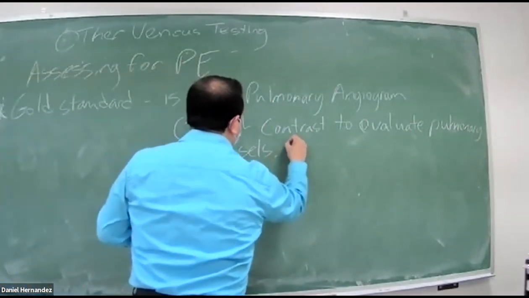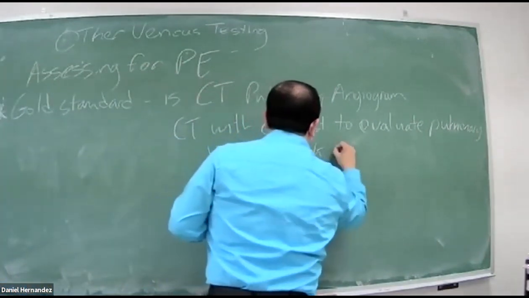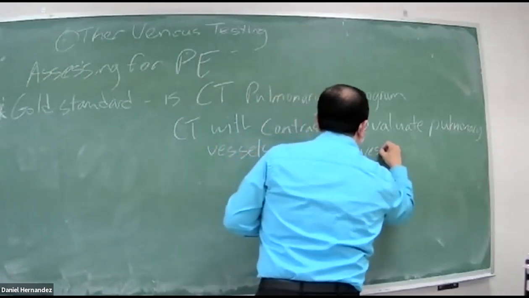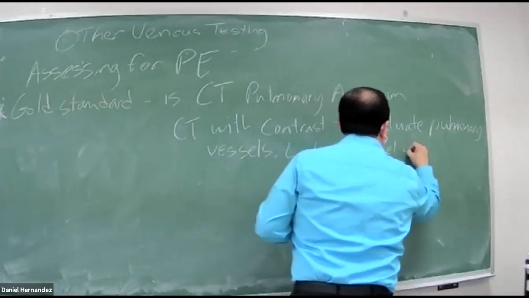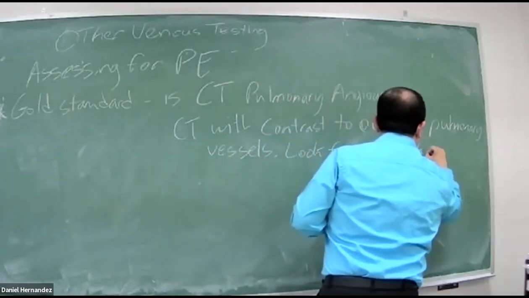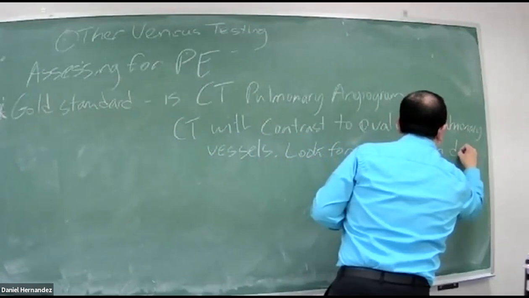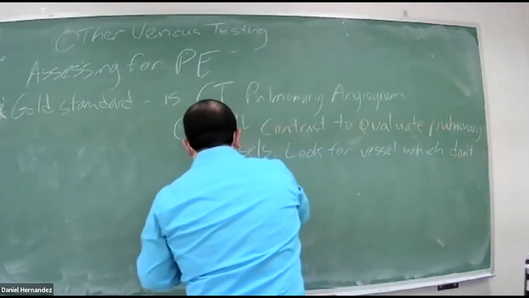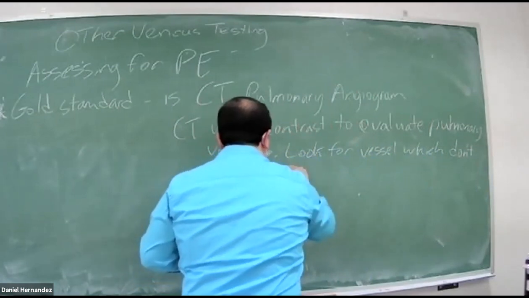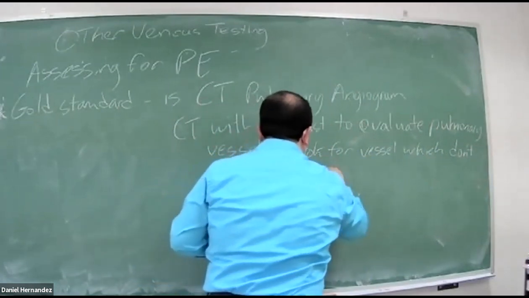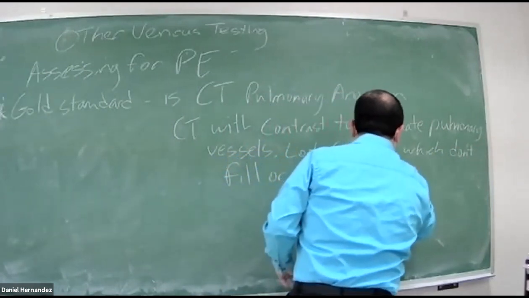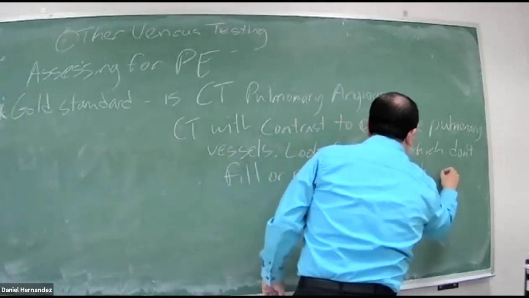We're going to be looking for vessels which don't fill or partially fill with contrast.